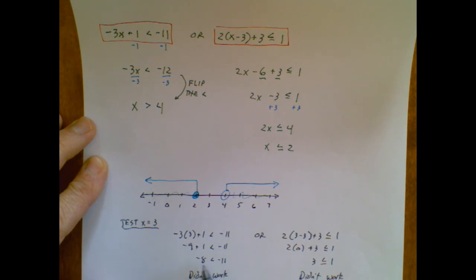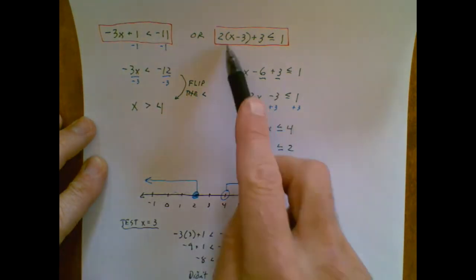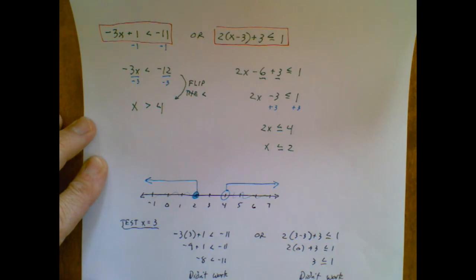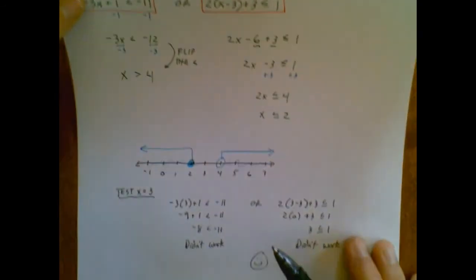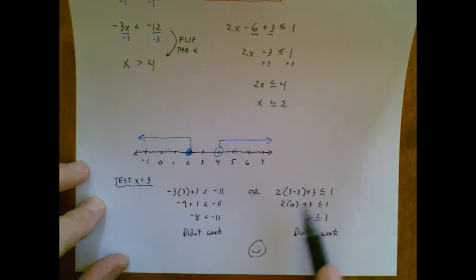This is not a true statement, so it didn't work. But remember, we selected something from no man's land. It should not work in either one of those. And when I plug it into this one, it also doesn't work. So 3 doesn't work in either one.